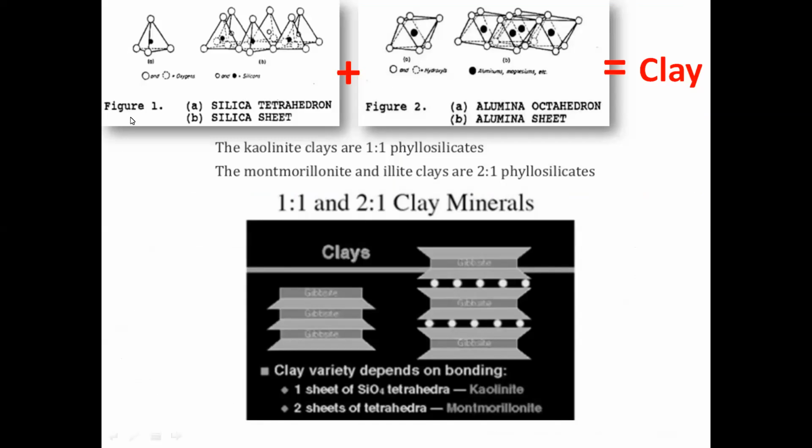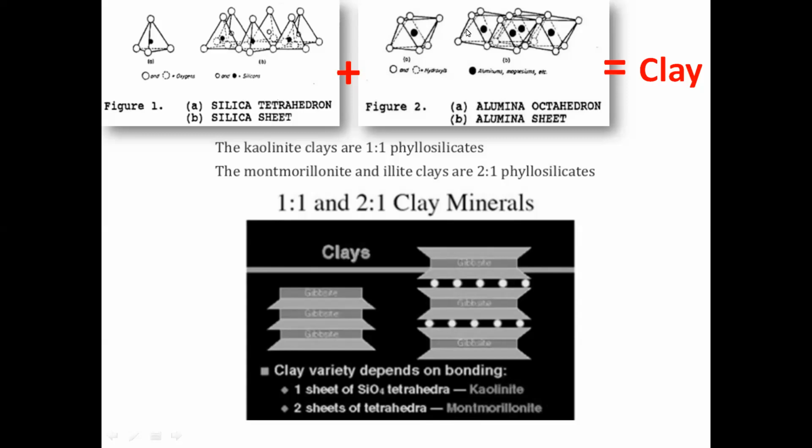So in summary, we have the tetrahedral structures of silicon and we have these alumina octahedra. You can see the tetrahedra connect to each other by sharing corners and form a sheet.